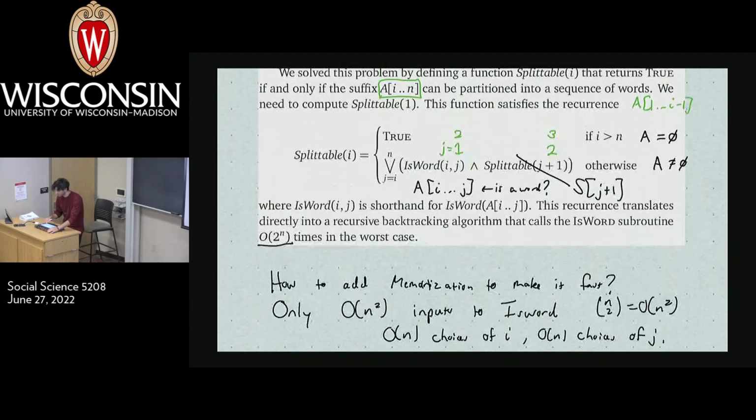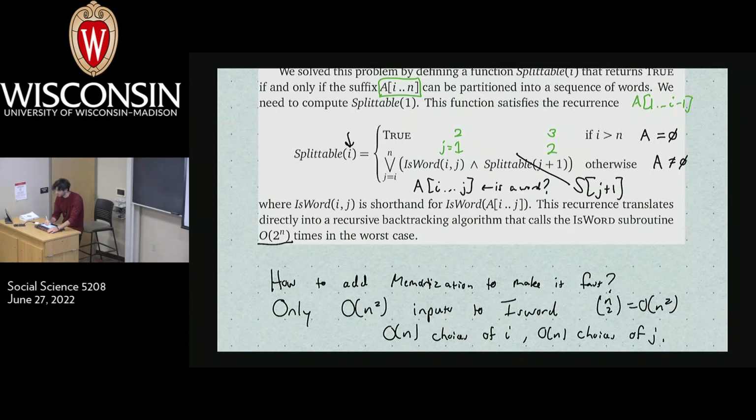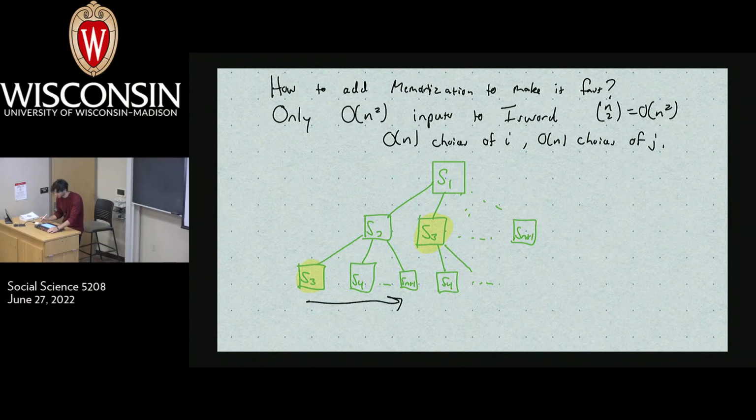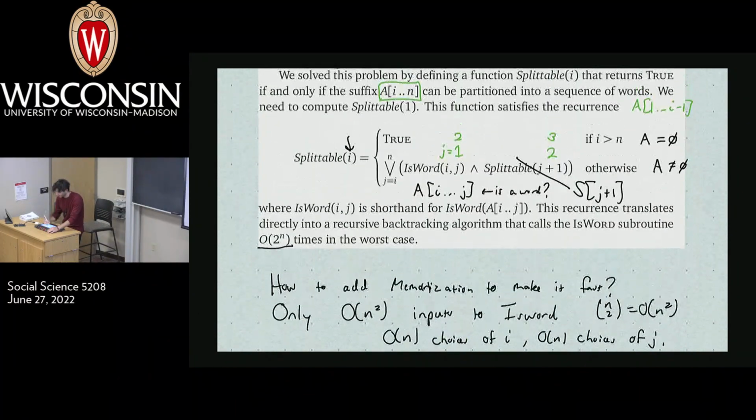S2 is when you plug in i equals 2. Okay. So S1 means you plugged in i equals 1. And if you plug in i equals 1, you basically have a for loop here that's going to call a recursive call for each j from i up to n, well, specifically j plus 1.